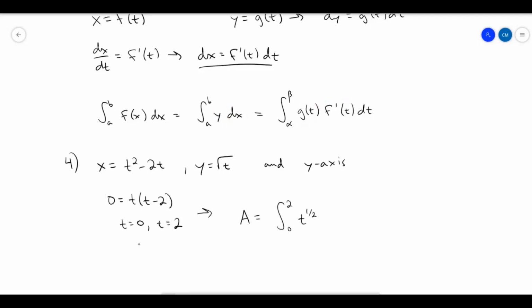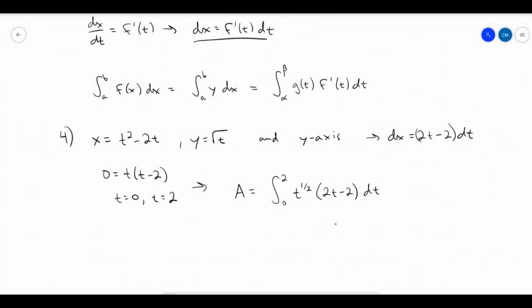And then we need the dx as well. dx is going to be equal to 2t minus 2 dt, and so that's what goes here, 2t minus 2 dt. Then we can find that integral by distributing.